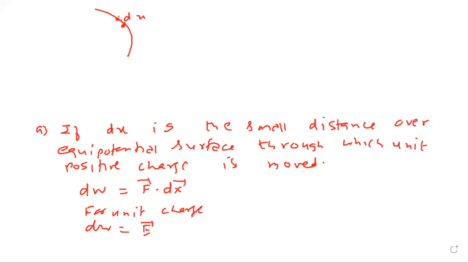See, F is Eq, q is 1, so it will become E bar dot dx bar.